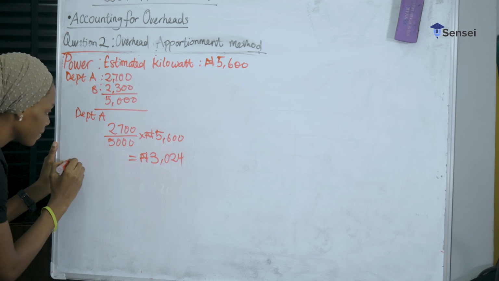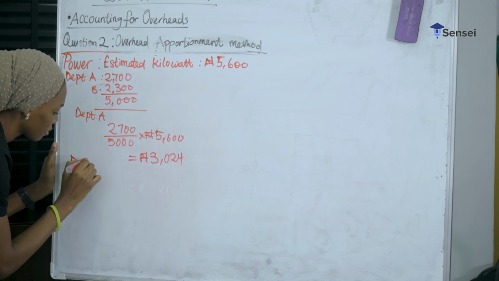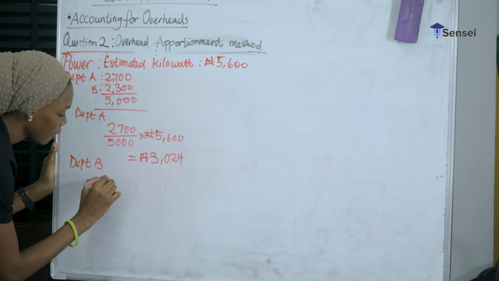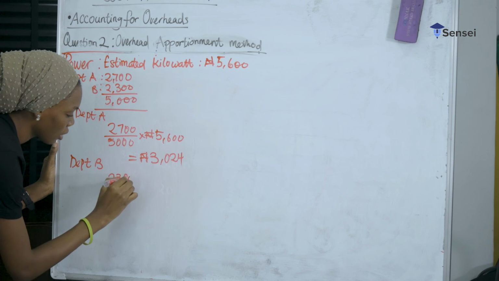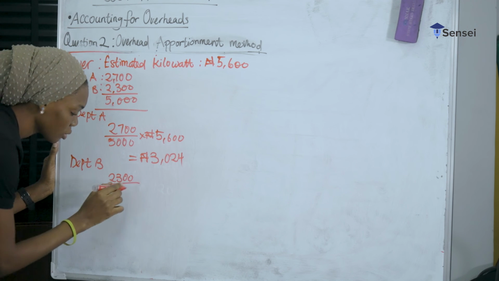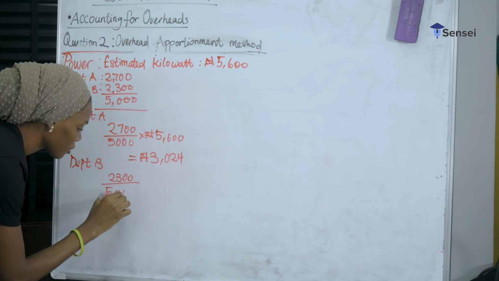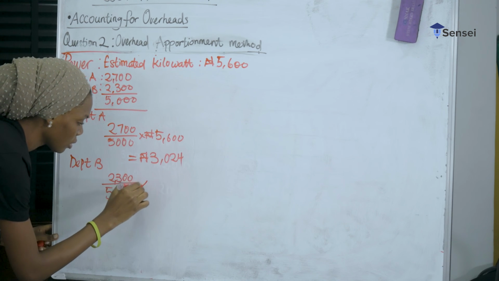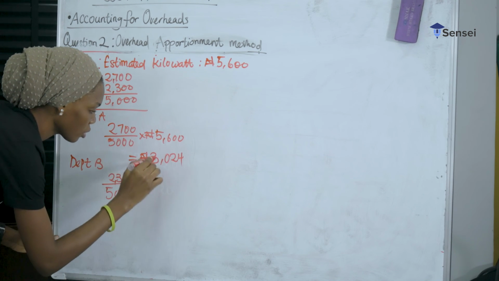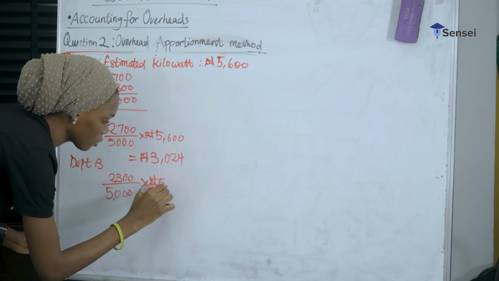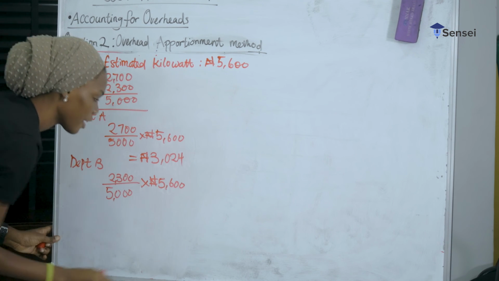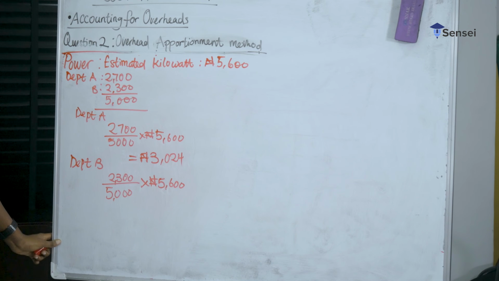And for Department B, we have 2,300 kilowatts by 5,000 kilowatts. We'll multiply by the 5,600 naira, which is the total overhead cost for power in the organization.